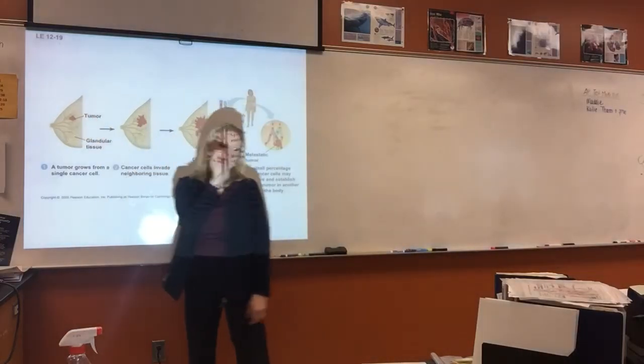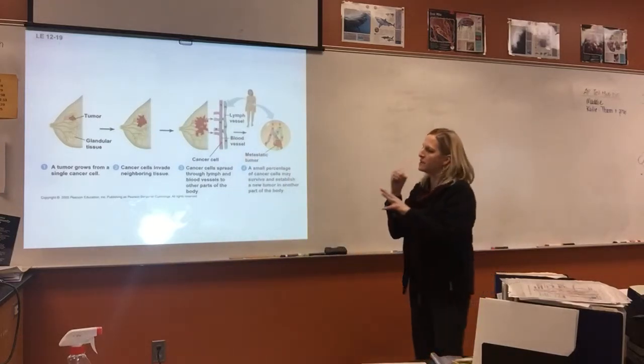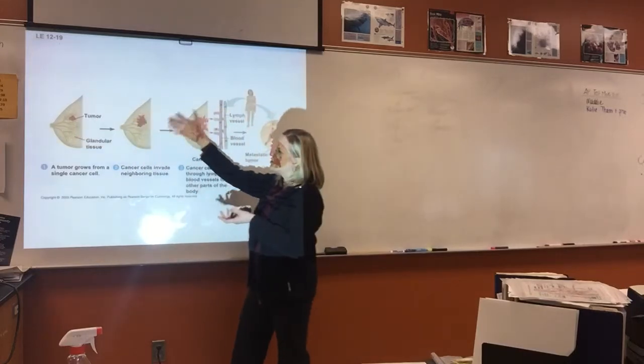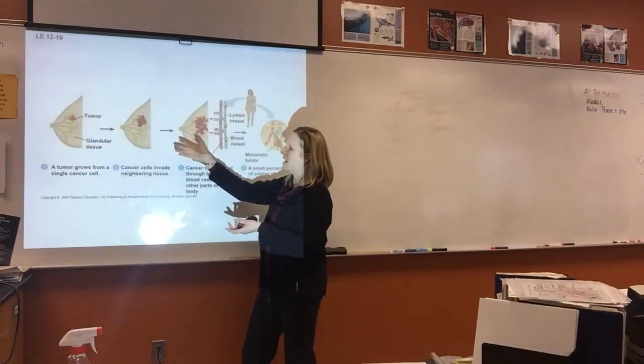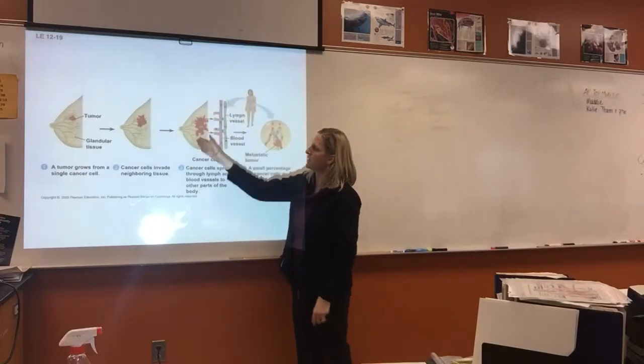And so if it's in the tissue and it's not impairing the function of the tissue, it's a benign tumor. A benign tumor can continue to divide and invade the tissue and become a malignant tumor.